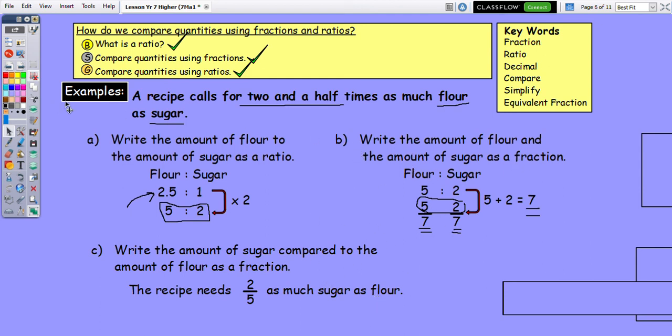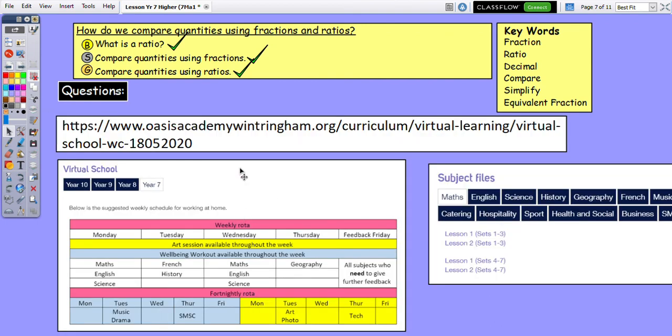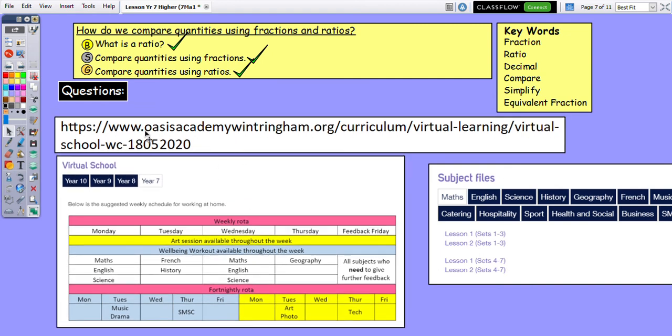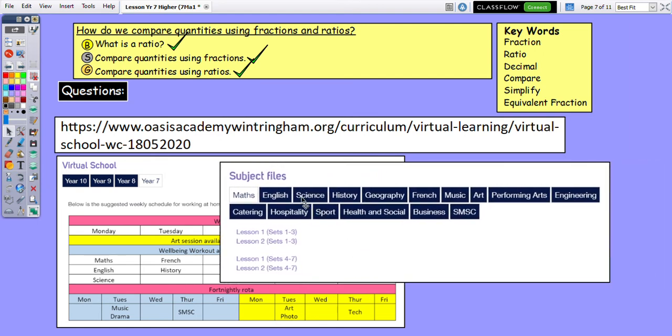Now, when it comes to the questions, I'm hoping that you all know about this. We have a virtual learning zone. This is the address for that zone. When you go to it, you look at year 7 and you look at your timetable. Underneath you will see all your different subjects.